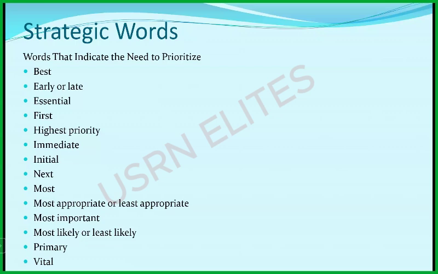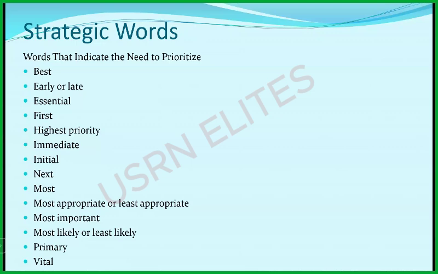Now, most. They can ask you maybe most important, most something. Kindly mute up for us, okay? Most important, most something. You see here most appropriate or least appropriate. So when they ask you what is the most appropriate option to do in maybe a condition, someone who is having respiratory distress and all of that, what's the most appropriate intervention to give, and what is the least appropriate?